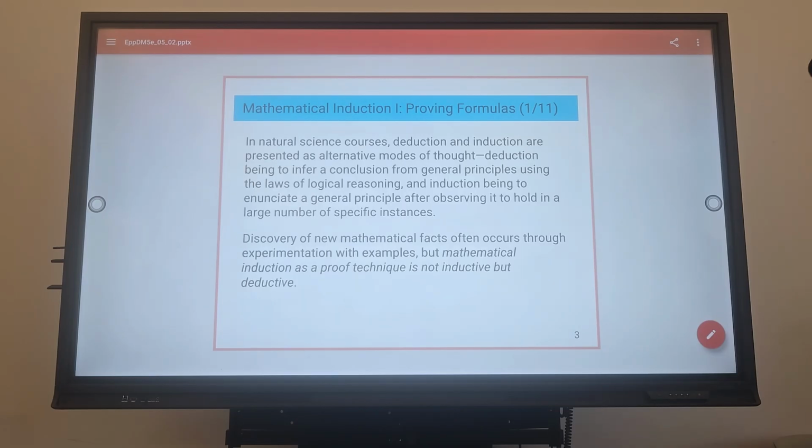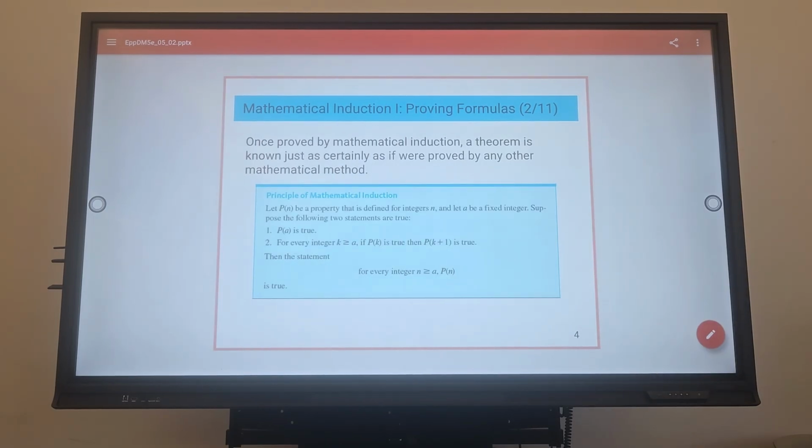The discovery of new mathematical facts often occurs through experimentation with examples, but mathematical induction as a proof technique is not inductive but deductive. Once proved by mathematical induction, a theorem is known just as certainly as if it were proved by any other mathematical method.